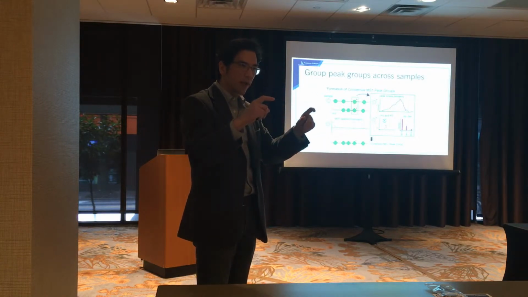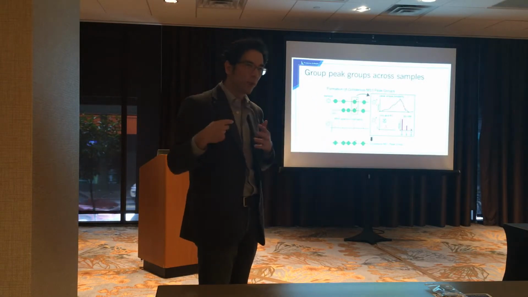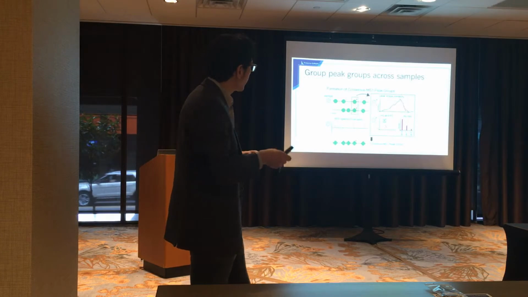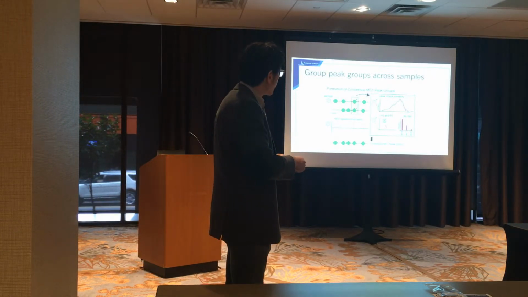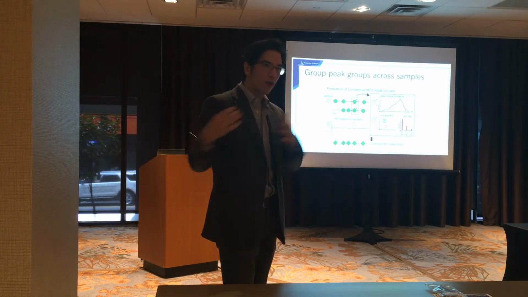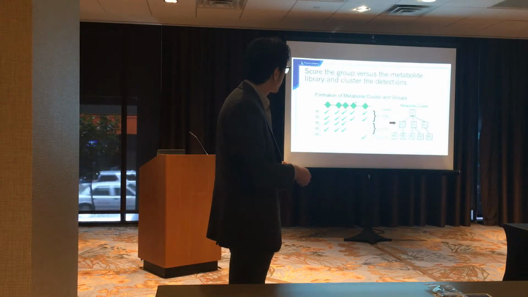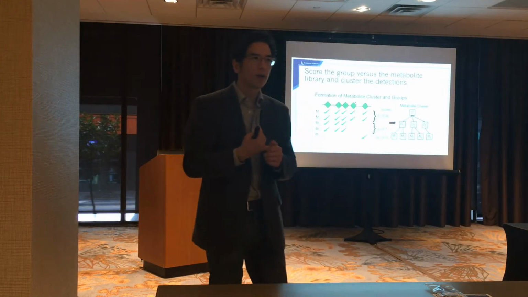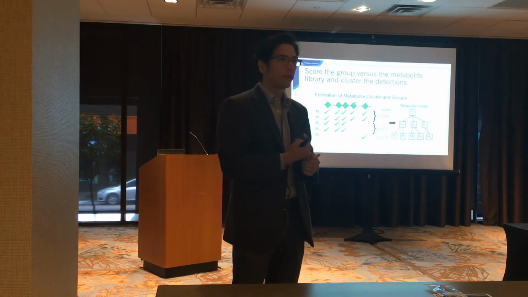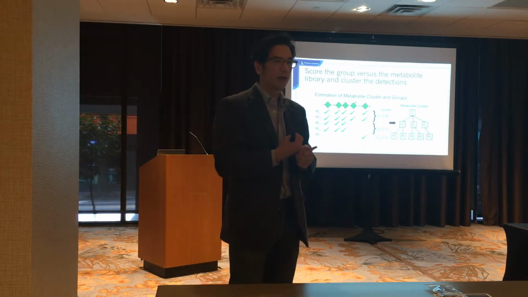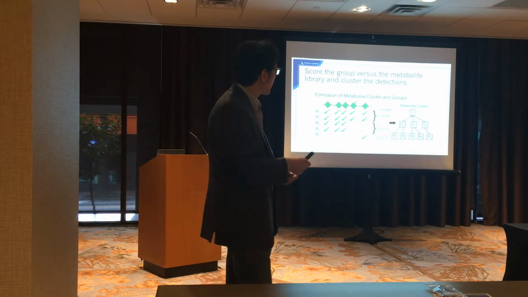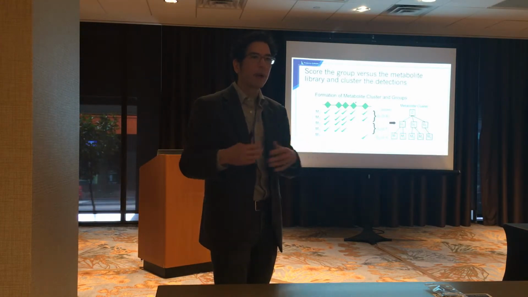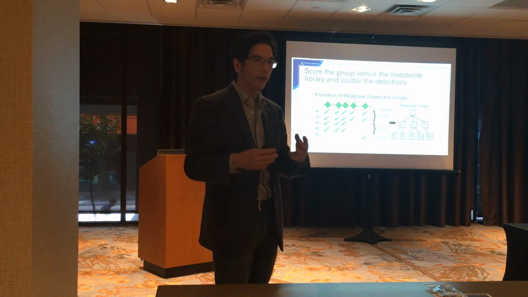We'll group those together to give us more confidence across multiple samples what all the potential co-eluting fragment ions might be. And then from that consensus across all of the different samples or acquisitions, we'll try to do a detection step and try to say, how good is my isotopic distribution, how well does it match the fragment ions in my library spectrum, and then cluster those into different groups, so based on the amount of evidence for different detections.